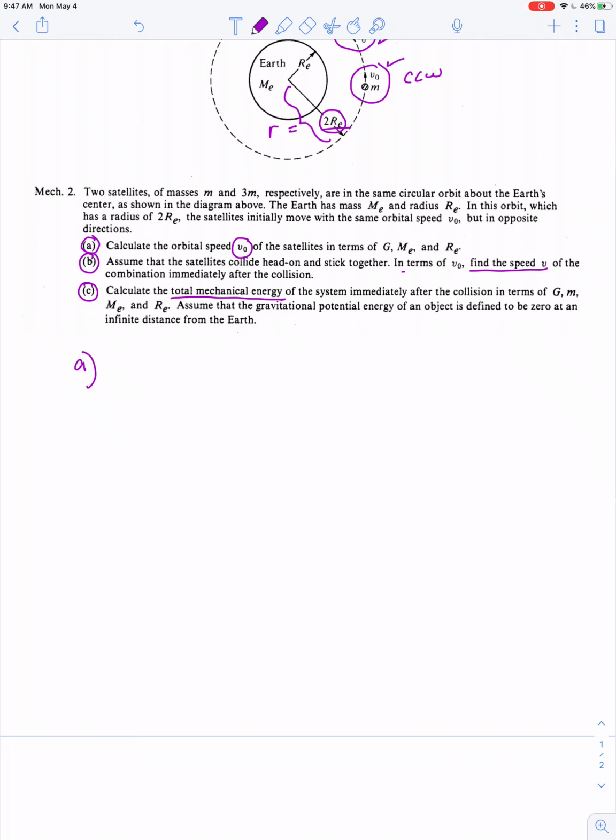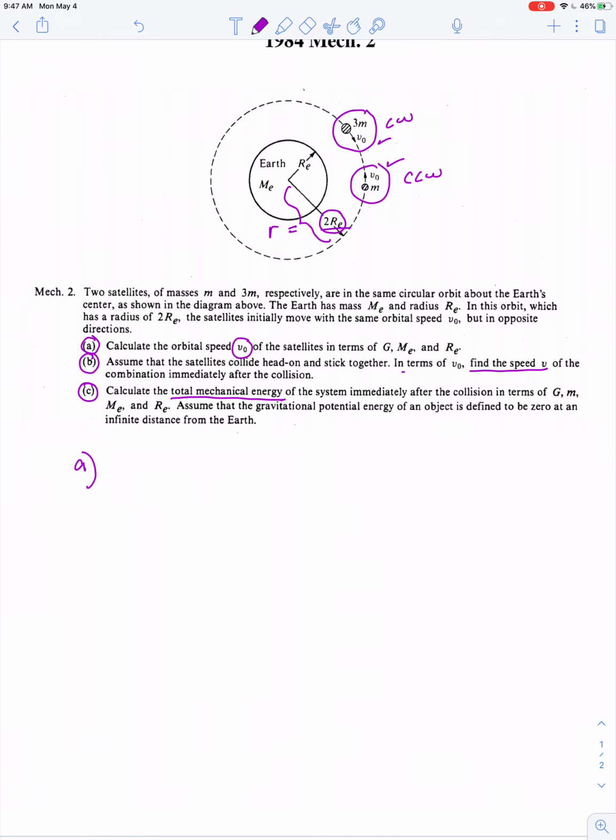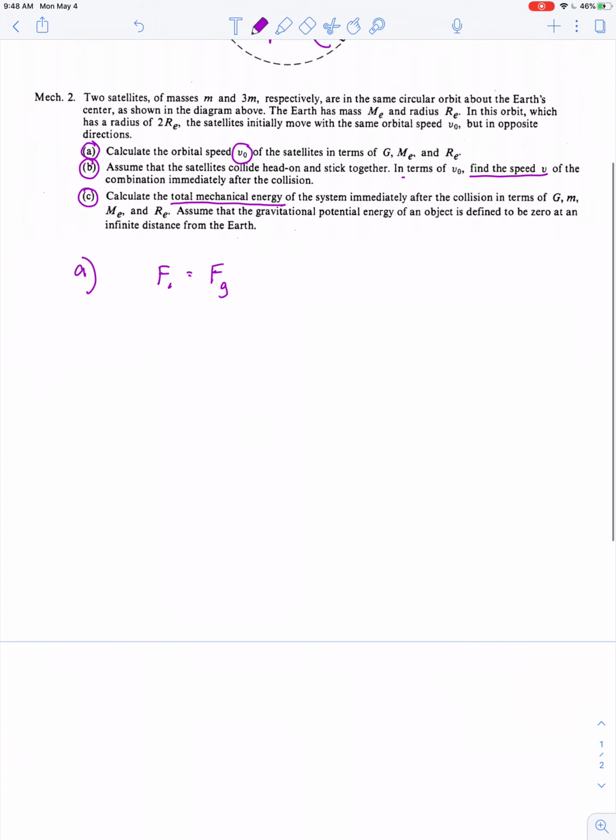This should be very straightforward. For a satellite that orbits in a circular path, which describes both of these satellites, the centripetal force is provided by the force of gravity. So mv squared over r equals GMm over r squared.